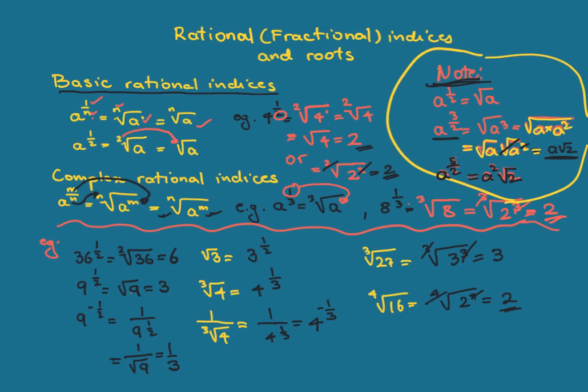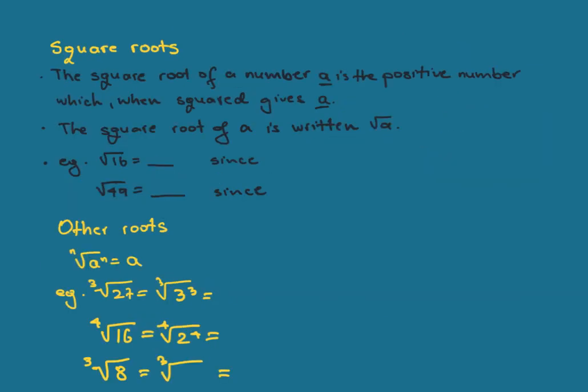Let's have a look what we have on the page. So this one is a short one, square root. The square root of a number a is the positive number which when squared gives a.